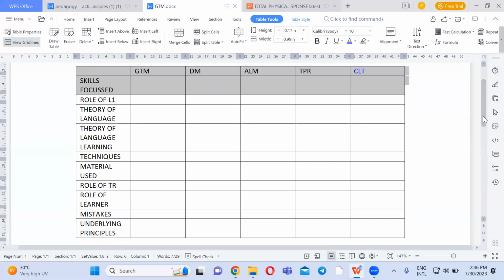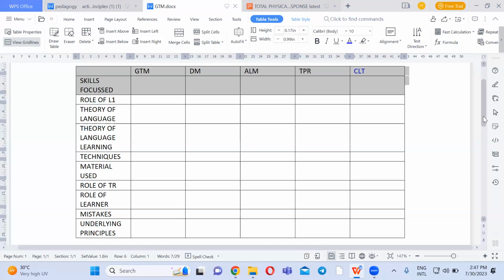This is the one. So you can go on adding also, right? Take some more rows and go on adding. If there is anything else that I couldn't put here, while reading the notes, you can add it in the relevant column. For GTM and DM, theory of language and theory of language learning is not there.